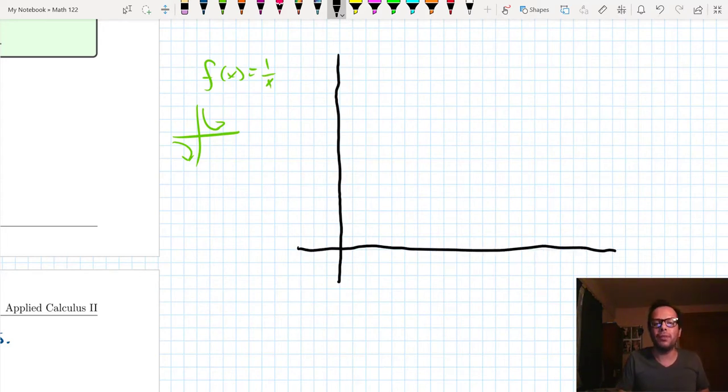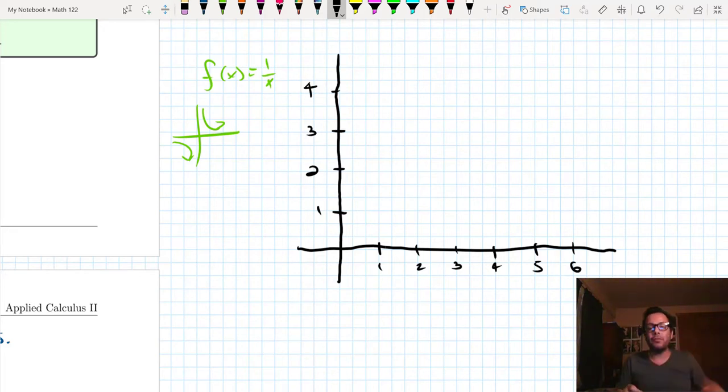However, for the sequence, let me label this 1, 2, 3, 4, 5, and 6. What is going to happen if I plug in n equals 1?